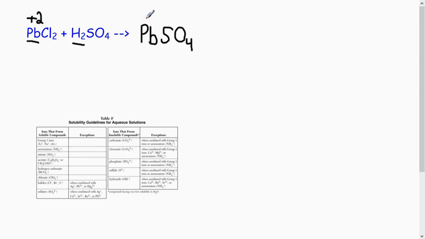So I have a +2 charge on the lead, a -2 charge on the sulfate. PbSO4 is my product. Plus, now my hydrogen is going to combine with my chlorine. So I have hydrogen with the Cl. Hydrogen forms a +1 charge. Chlorine forms a -1 charge. So I will end up with just HCl.